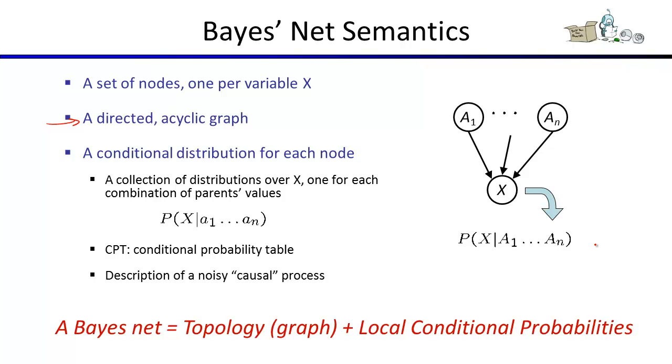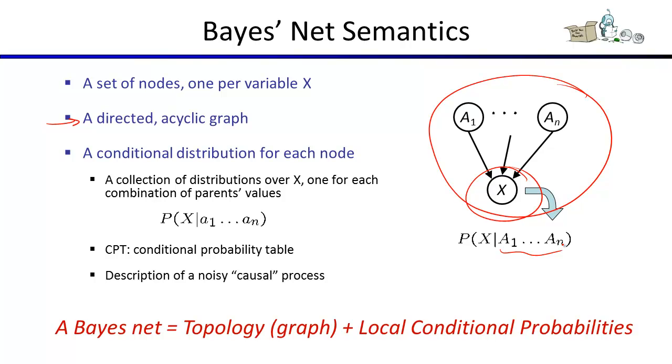Then for each node, there is a conditional distribution. Let's look at one node over here, particular X. There's a conditional distribution sitting with that node, and that distribution encodes the conditional for X given A1 through An. A1 through An are called the parents of X. They're all the nodes that point into X. You can think of this as describing a causal process, but keep in mind it doesn't have to describe a causal process.